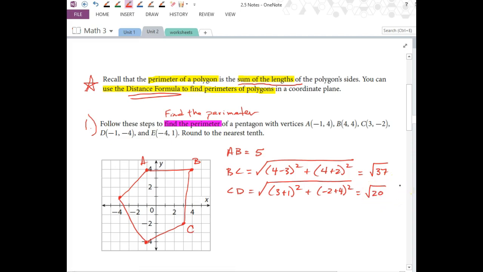You guys are making me double check myself. Now we're going from D to E. That's going to be -1 plus 4 and -4 minus 1 squared. So 9 plus 25.